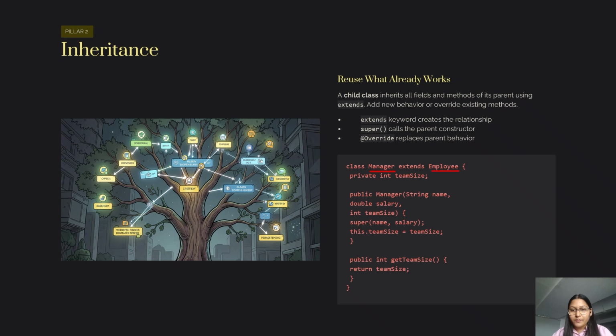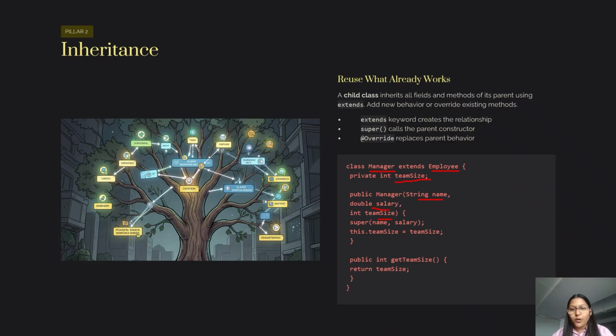We have another attribute, teamSize, which is also private in the Manager class. And via this constructor, the public Manager will be accessing and using the name, salary, and teamSize. Name and salary are coming from the Employee only. We are not defining them separately in the Manager class, right?